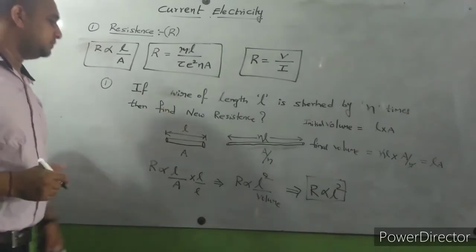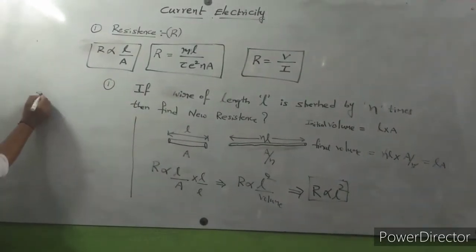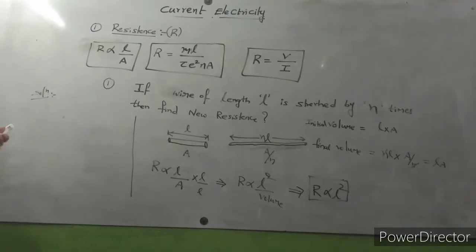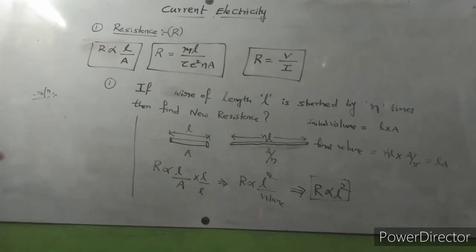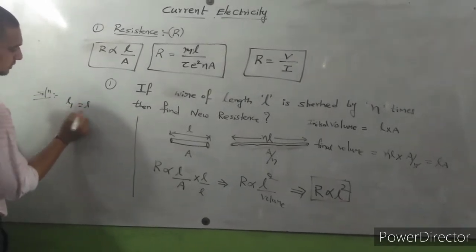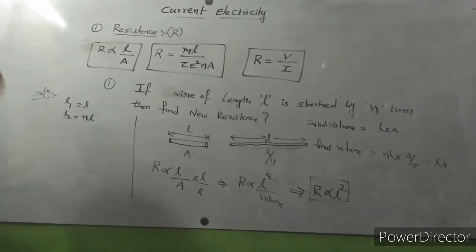So observe this question. What is the solution? The given wire of length L is stretched by n times. That means L1 is equal to L, and L2 is equal to nL.